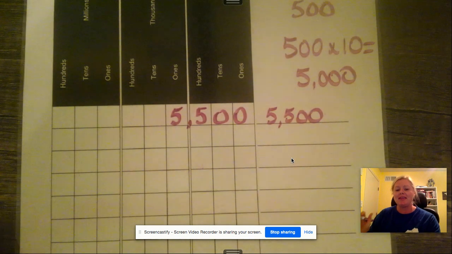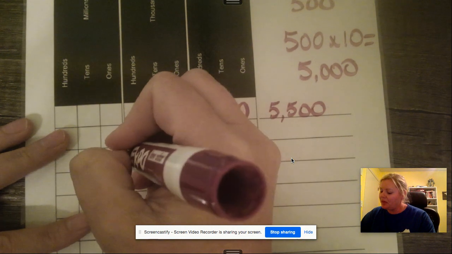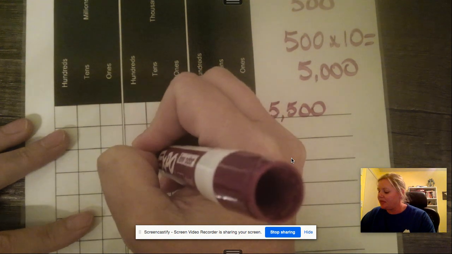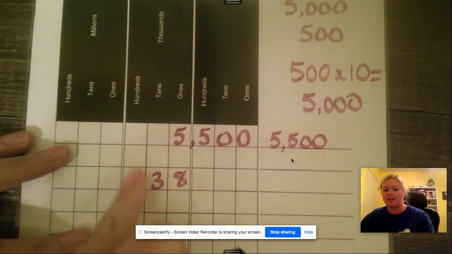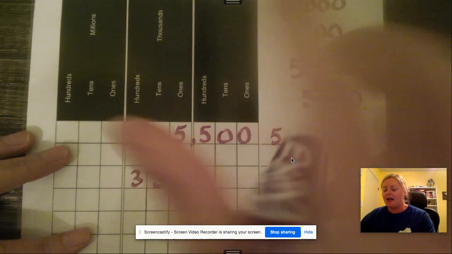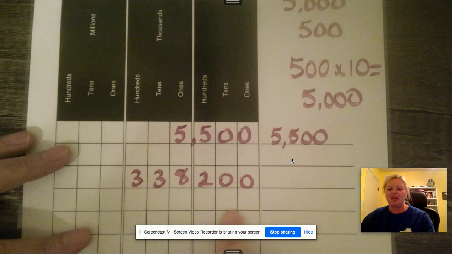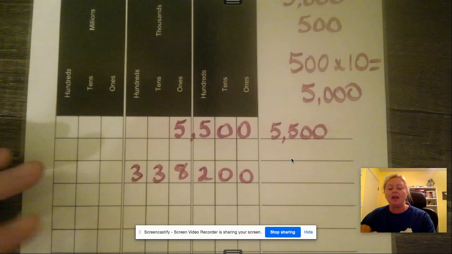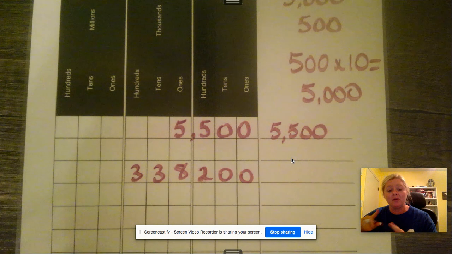So let me write this out. If I have 338,200, I'm in my thousands place. I'm going to go ahead and keep my tens and ones at a 0. First, which two numbers am I going to look at to compare or find the relationship?